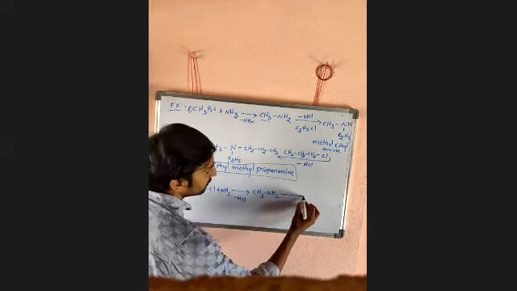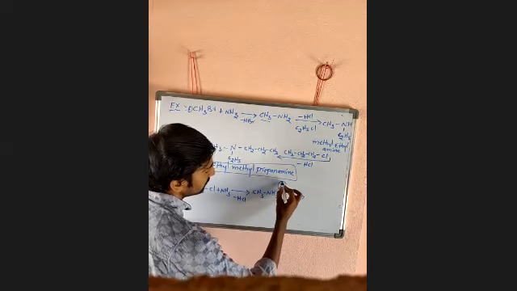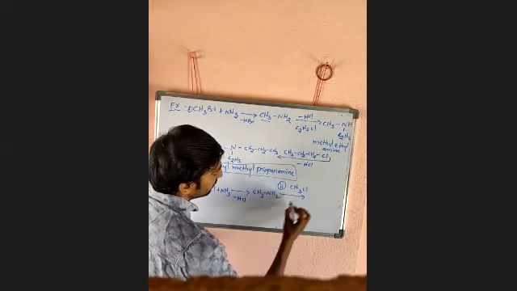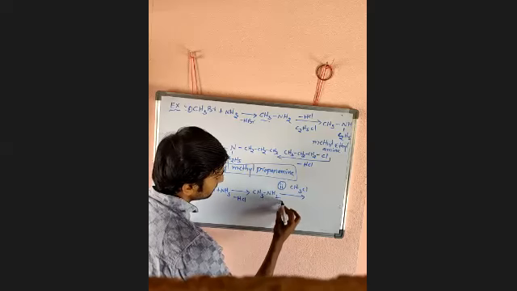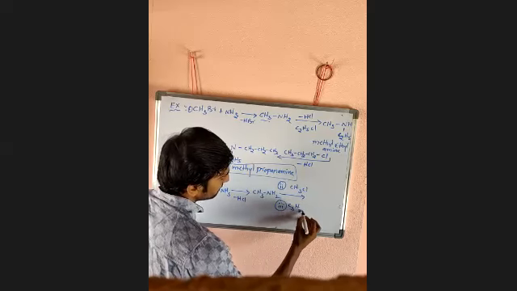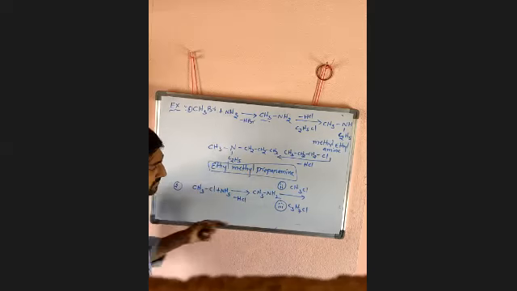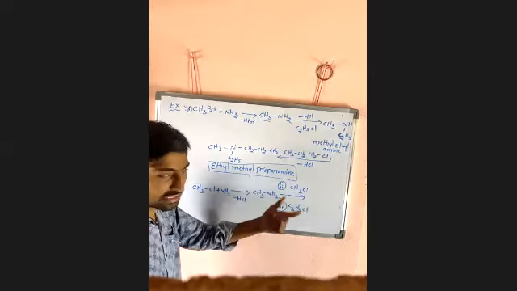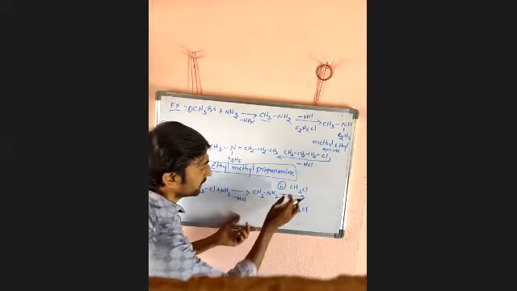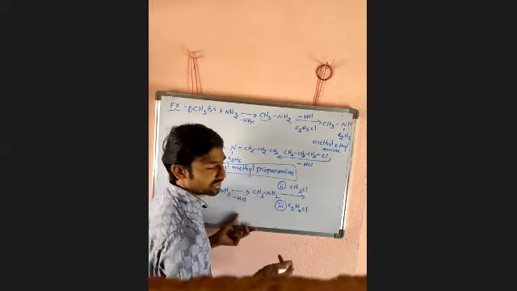Now I want to take one reagent, CH3Cl again. Another reagent is C3H7Cl. So first two hydrogens will combine with two chlorines and be eliminated in the form of HCl, and the remaining CH3 gets attached, and C3H7 gets attached.